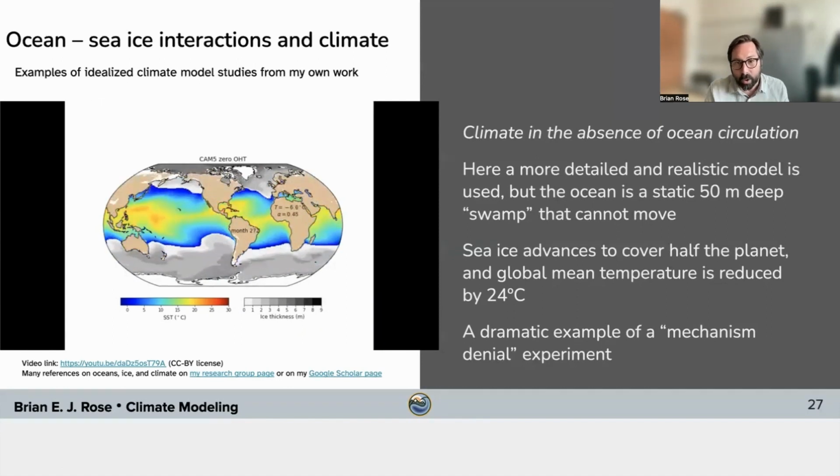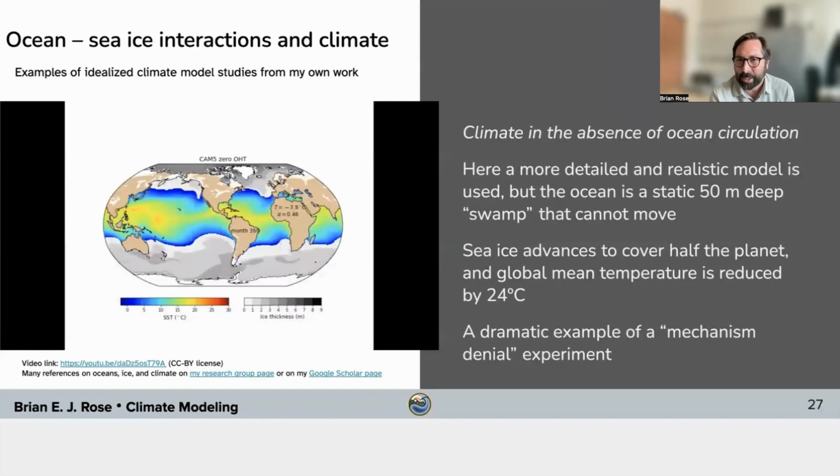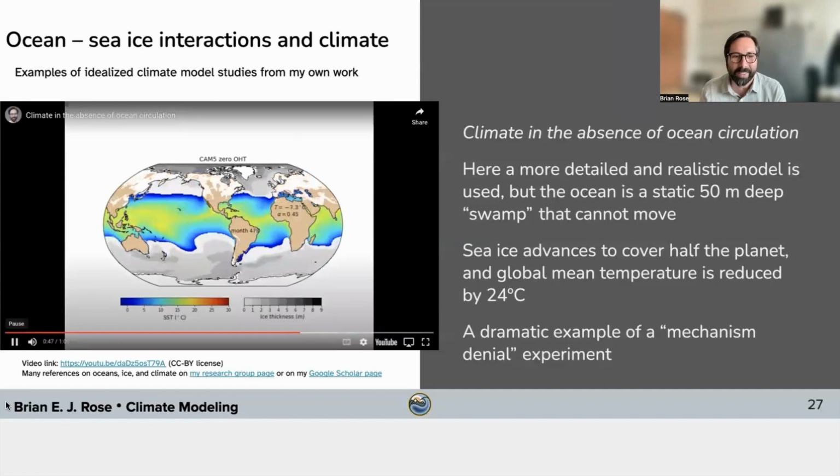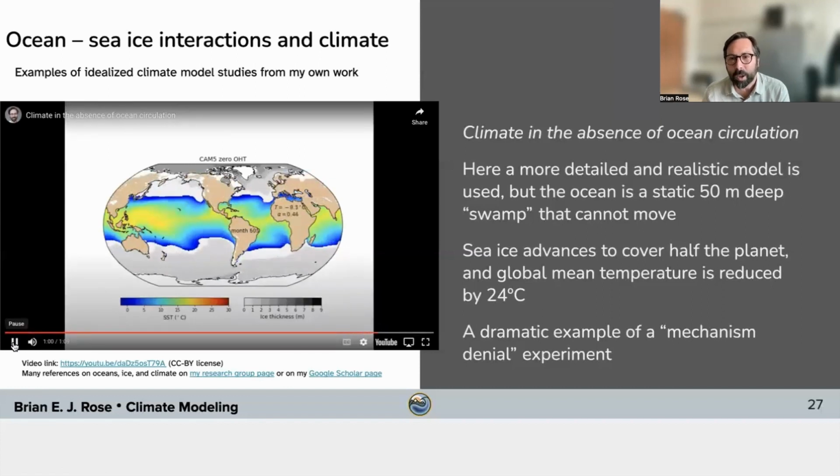The sea ice is growing into the subtropics. And in fact, the planet cools by about 24 degrees. And so it lets us quantify in one number effectively what is the impact of ocean circulation on climate today. Well, the Earth is 24 degrees warmer than it would be if the oceans weren't moving. Okay, so that's a sort of extreme example of a way we can use a mechanism denial experiment to quantify a question about the impact of a process.